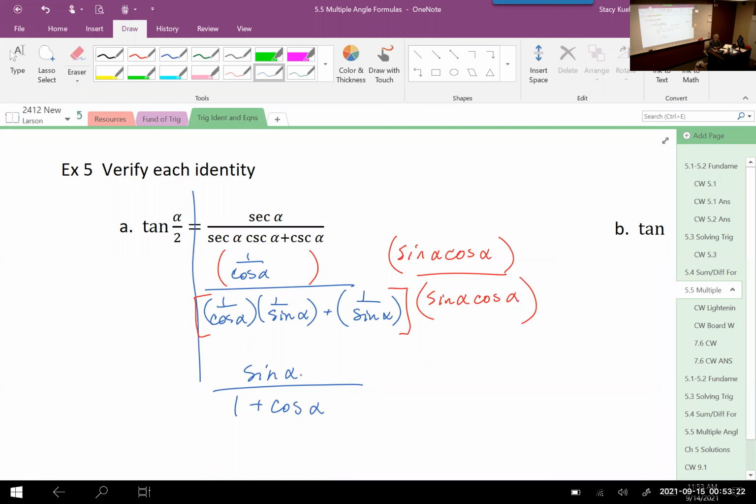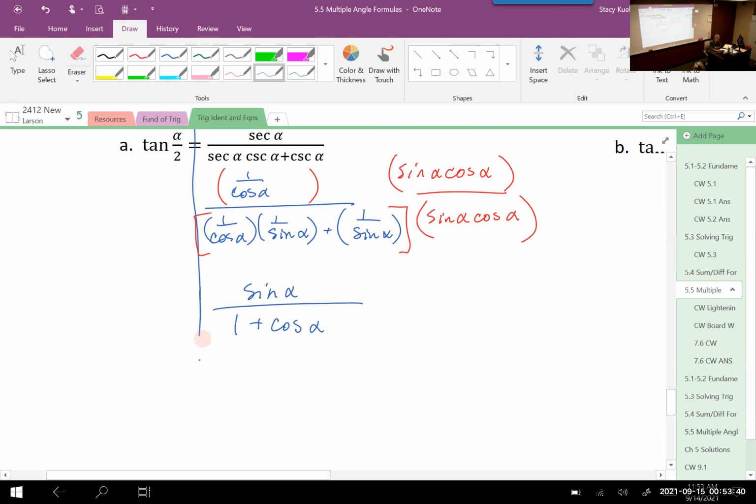Alright. So look back at your stuff. I'm trying to turn this into tan alpha over 2. Did I do it? Is sine alpha over 1 plus cosine alpha the half angle identity for tangent? Yes, it is. It's our new identity.